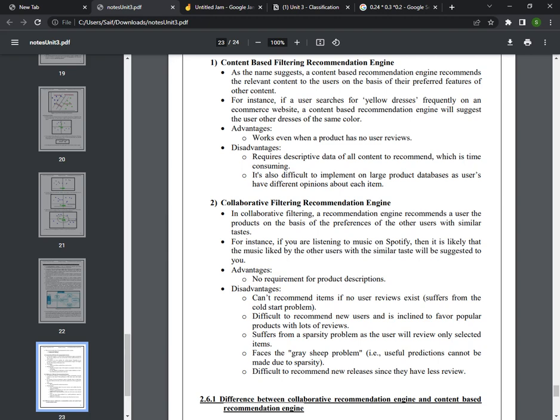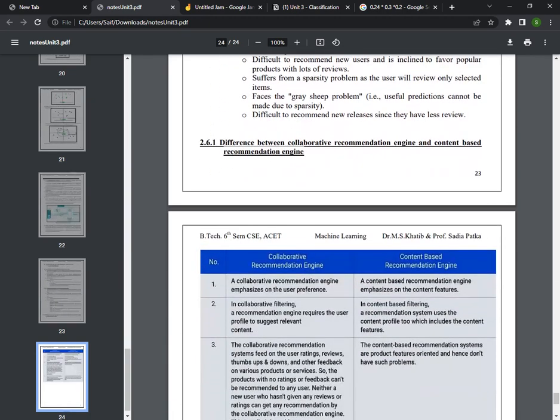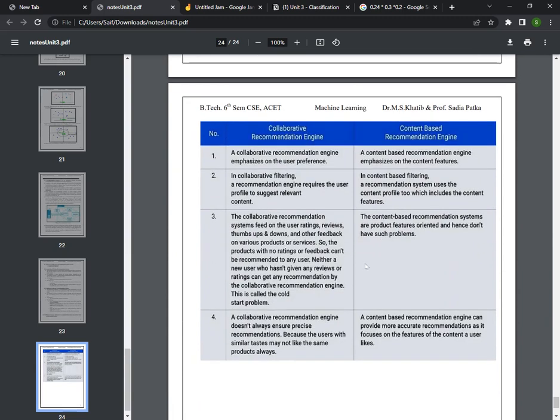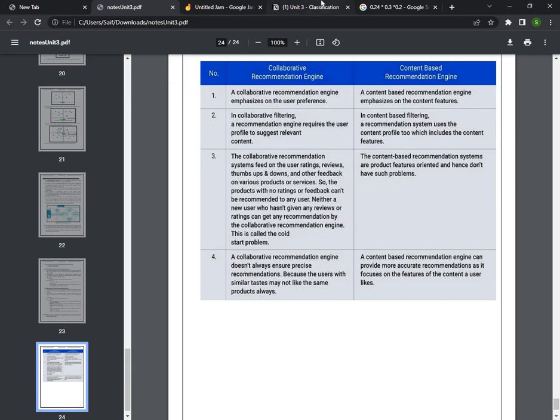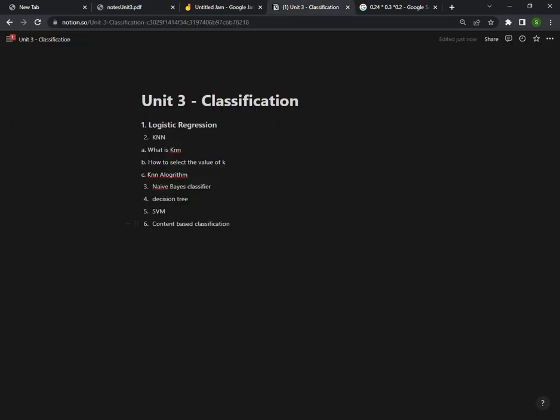This is called collaborative filtering. We can differentiate between these two to understand it better, and you can read it out. I am not going to waste time on this topic. So we have seen the recommendation system.